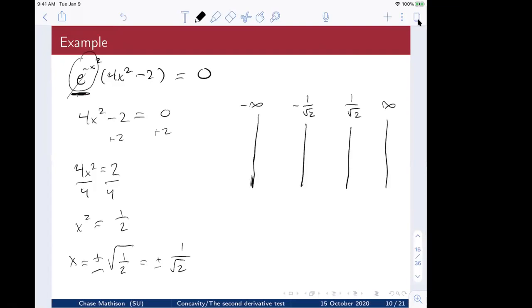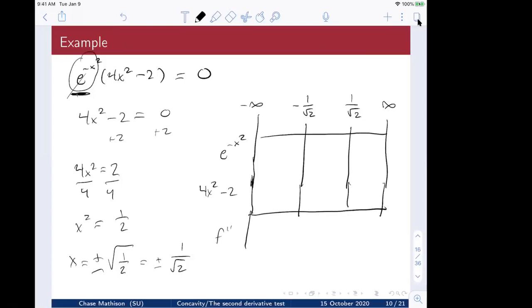Okay. So then the second derivative is e to the minus x squared times 4x squared minus 2. And then we have f double prime. All right.